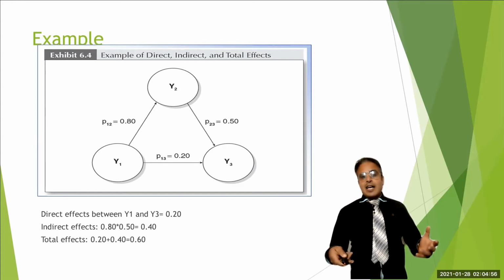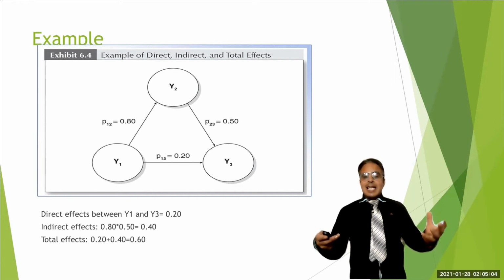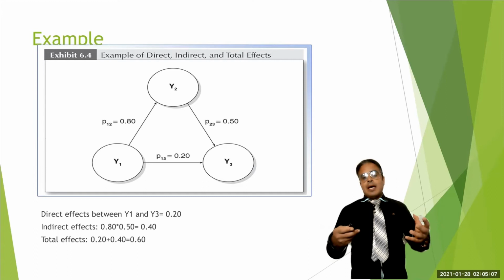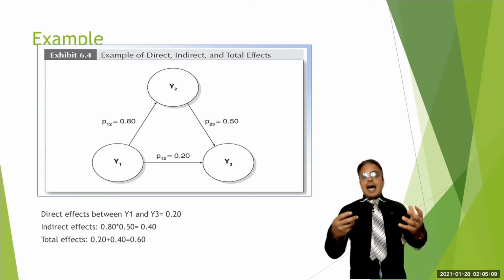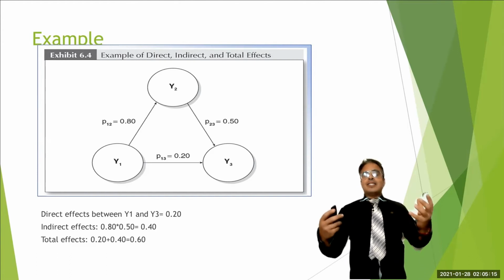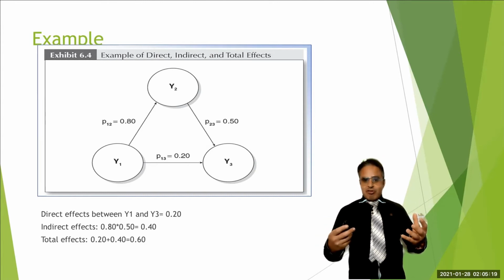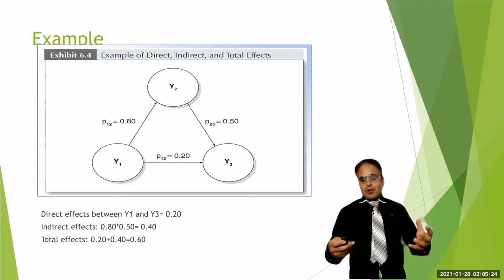So the total effect would be 0.20 plus 0.40, that gives 0.60. So this is the relationship, the path coefficients and the effects among our endogenous and exogenous variables in our structural equation model.